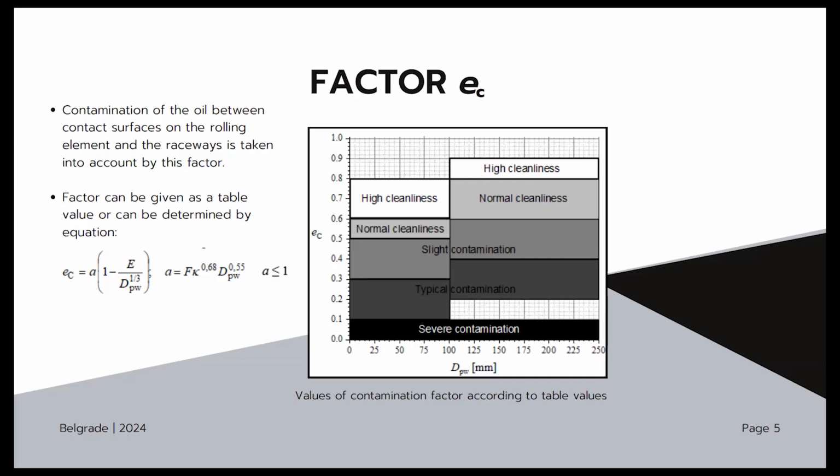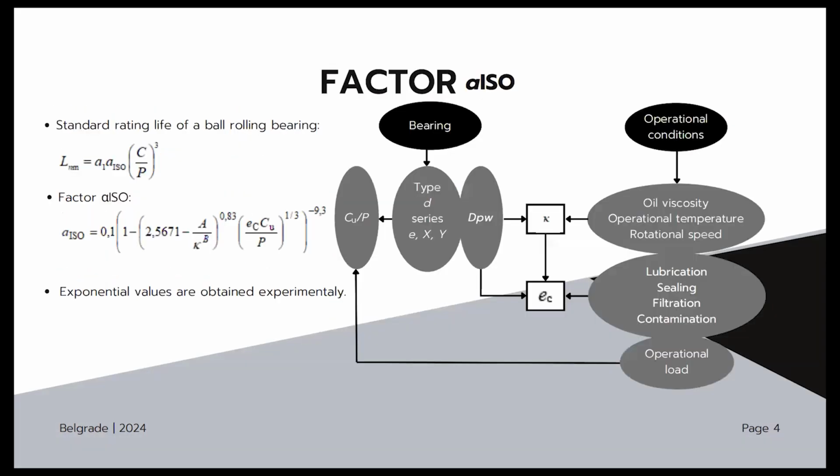This diagram here on the slide is based on those table values, or that factor can be given as an equation which depends on pitch diameter and some other parameters. That parameter cannot be higher than 1. That is the limit condition for the factor of contamination because it is theoretically in the range from 0 to 1.